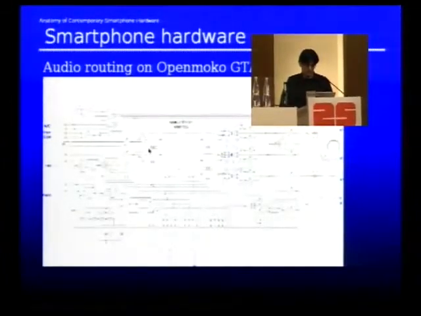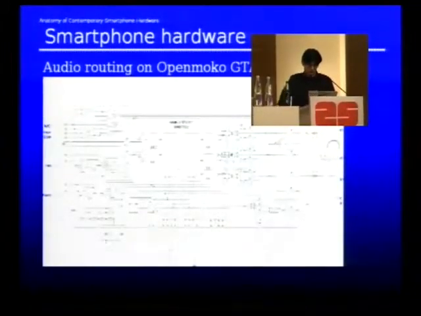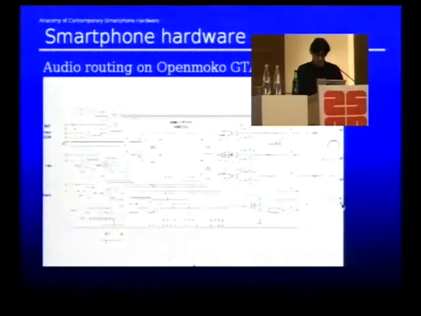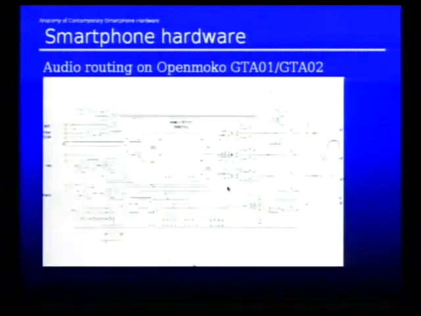Here you have the analog-digital converters. And on the right-hand side, you have all the different outputs, like the earphone speaker, the headset speaker, and the earpiece of the handset. Each of those tiny little spots in that diagram corresponds to something that software can configure.